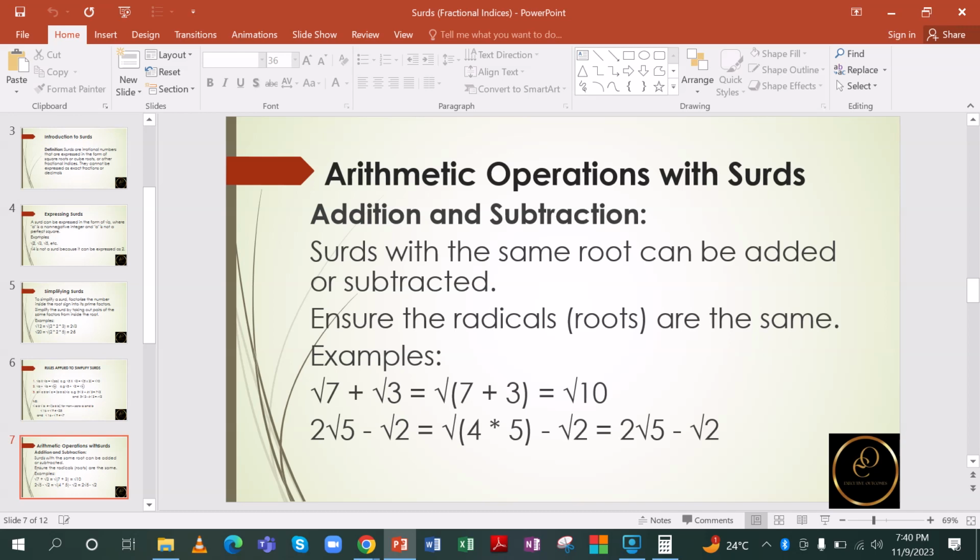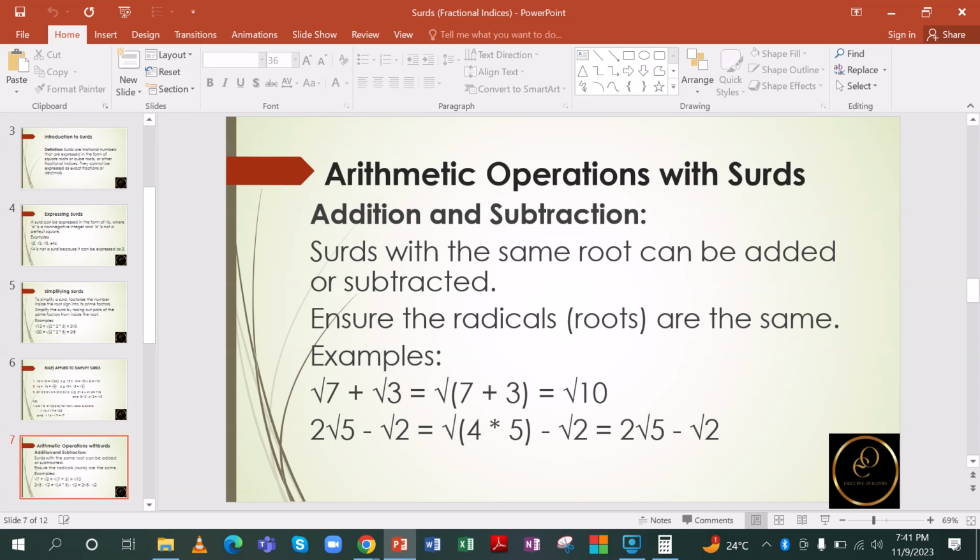Equally, 2 multiplied by square root of 5 minus square root of 2. When you look at this one here, it goes back in under the root, it will be 4, because when it came out from under the root, it became 2. So when you push it back, it will be 4 times 5, then minus root of 2.